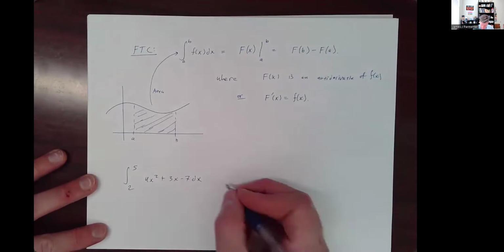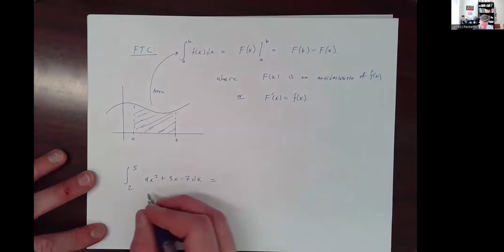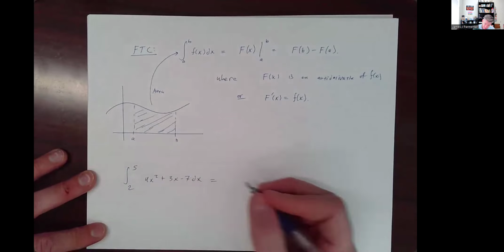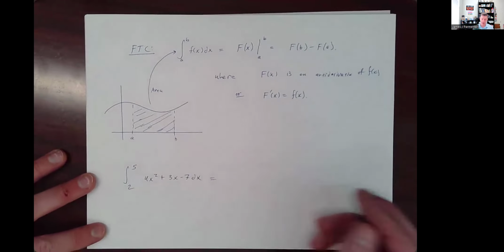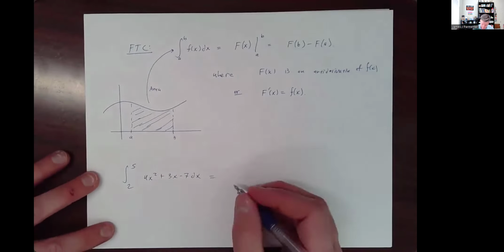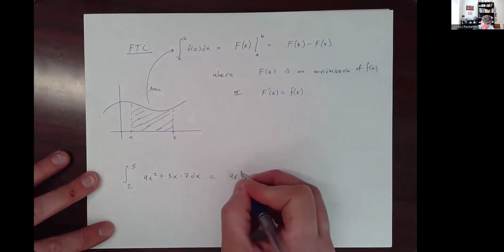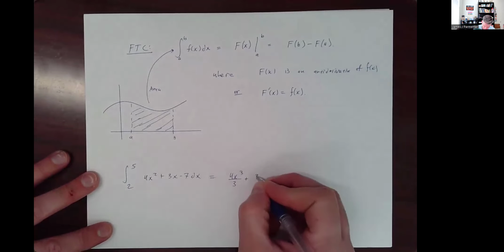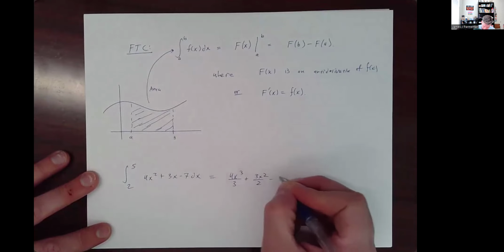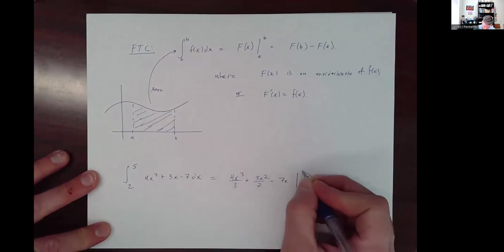I picked some nice numbers here. This will be a good exercise in not simplifying. I'm going to get 4x cubed over 3 plus 3x squared over 2 minus 7x from 2 to 5.